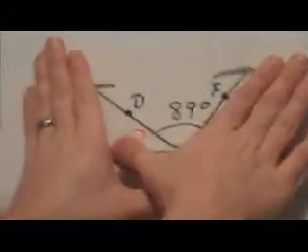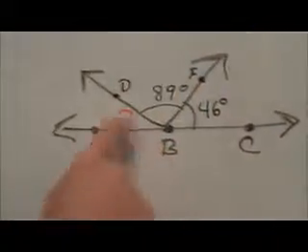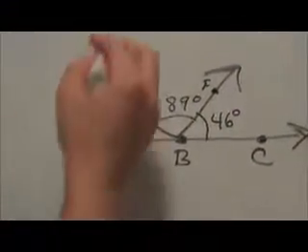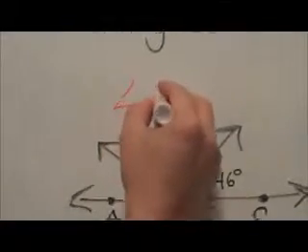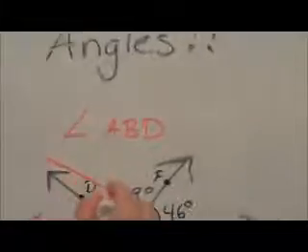I have another acute angle, which would be angle DBF, but what I need to find is the measure of angle ABD. Now ABD is in this area right here.